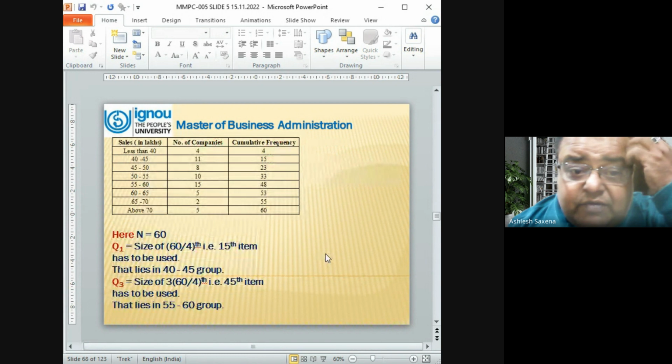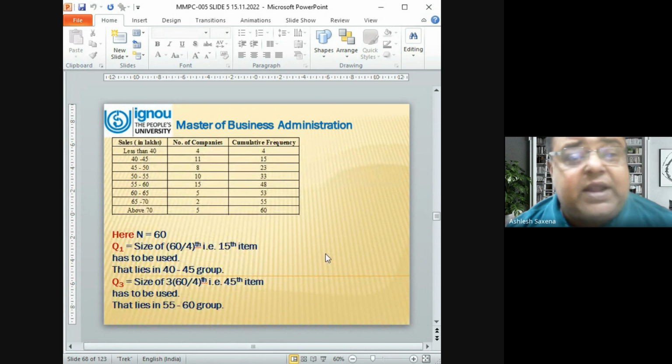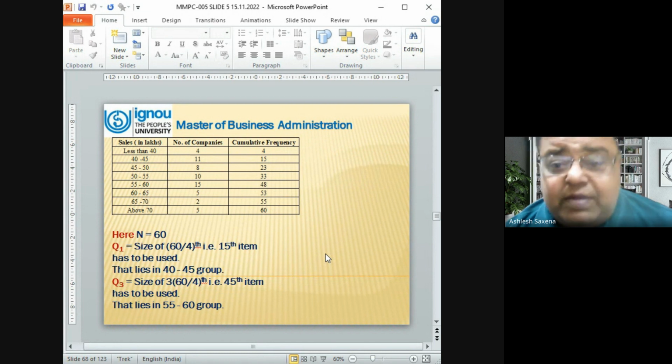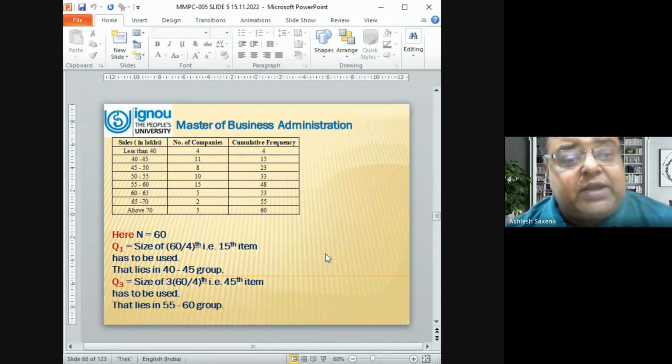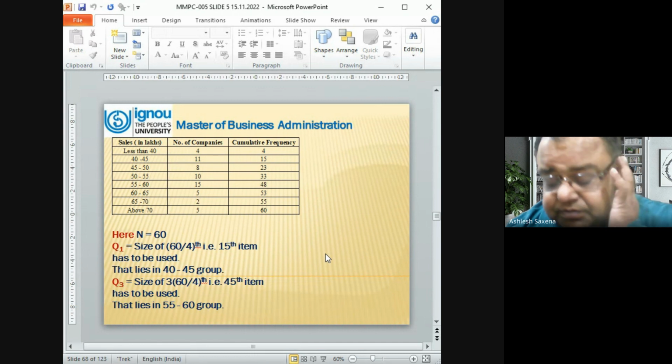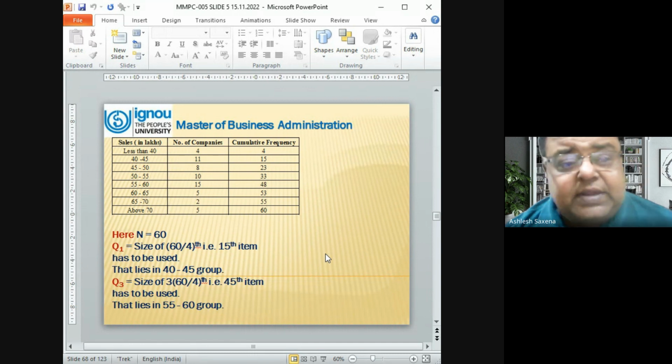Since you have to find the quartile deviation, you have to calculate the cumulative frequency. I hope everybody knows now how this cumulative frequency is calculated. First of all, you have to calculate Q1, Q3. And the Q1 is n by 4.